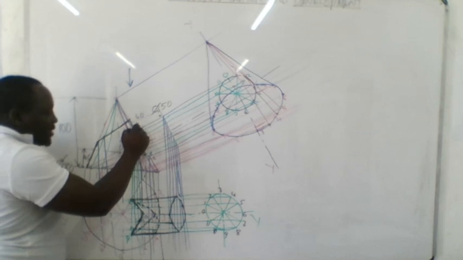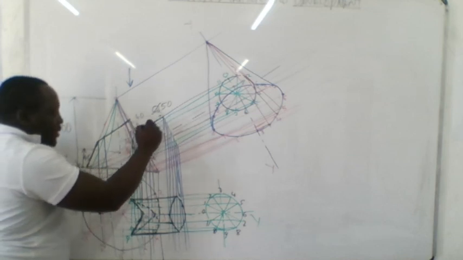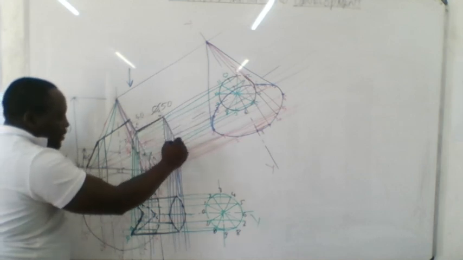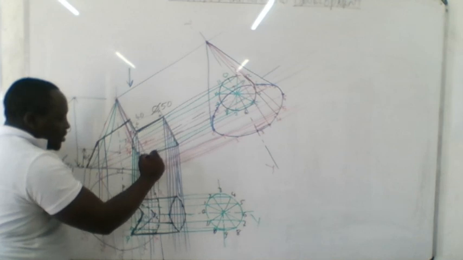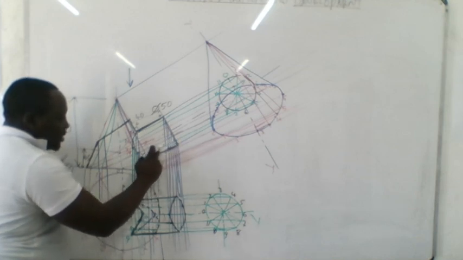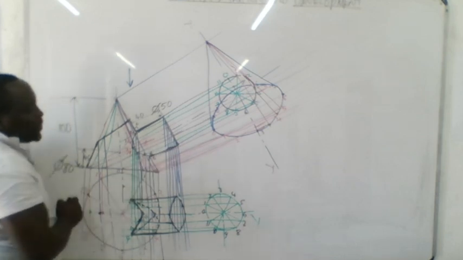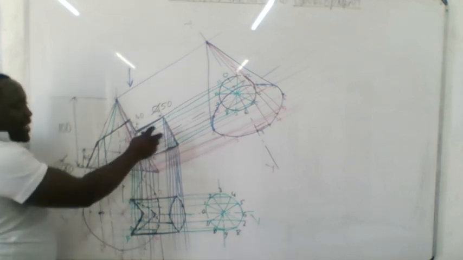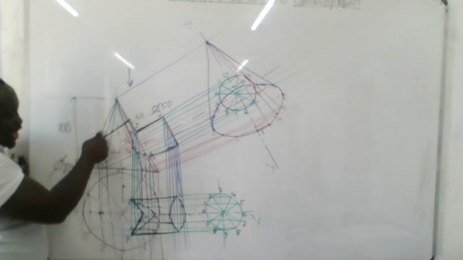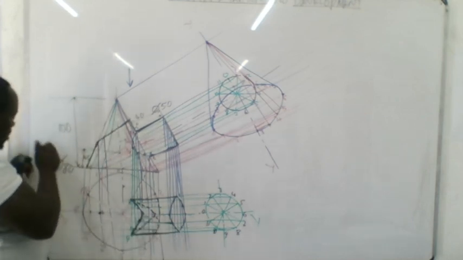It's cut. I'm painting so that you can see what it is. Then this is the cylinder. Okay? We have done this. We have got the top view of it. Now we need this, just this part here.